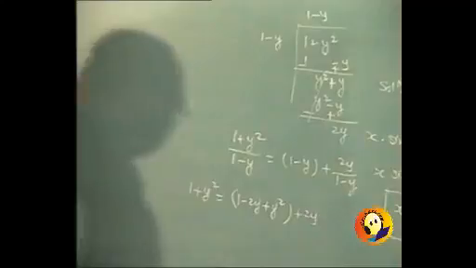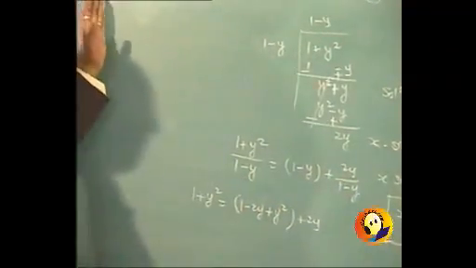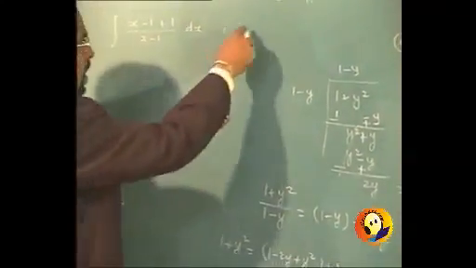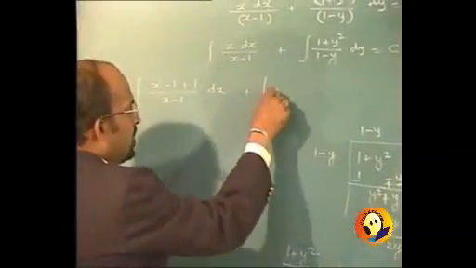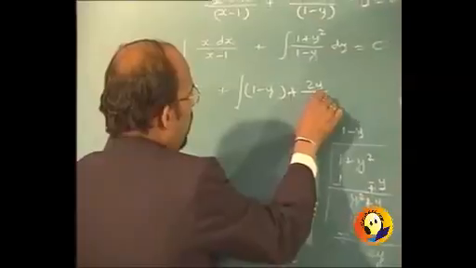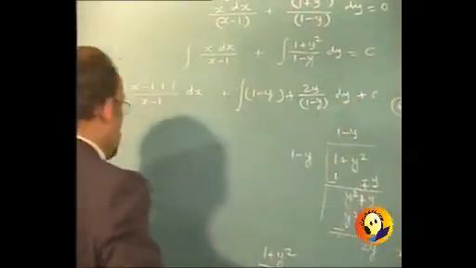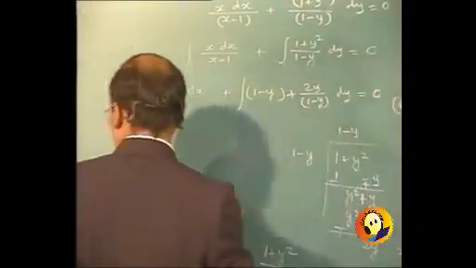And then to integrate this 2y upon 1 minus y, it is the similar policy that we were following on the left hand side. So the second integral that we have can now be written as integral of 1 minus y plus 2y upon 1 minus y dy, equal to constant of integration.